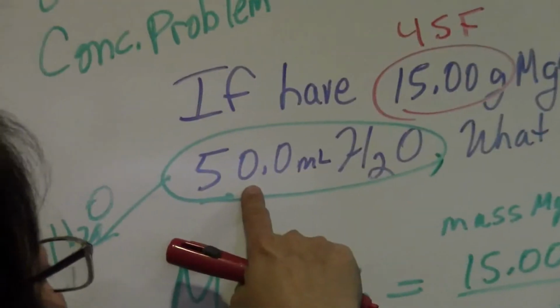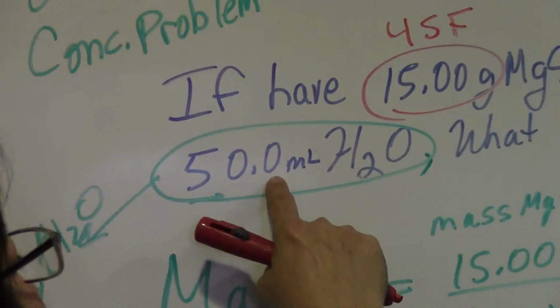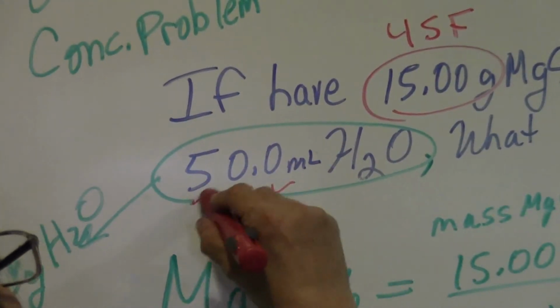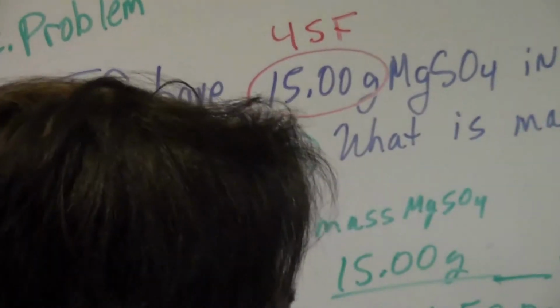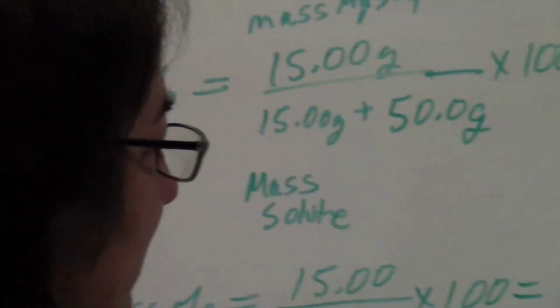How many here? Again, a decimal, so we start whether that's a 0 or a number. We continue to the last non-zero number. 1, 2, 3. 3 significant figures. We need to get this number to the least number of significant figures in the problem. I'm going to underline the first 3 numbers in the answer.